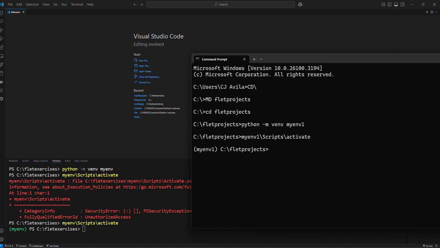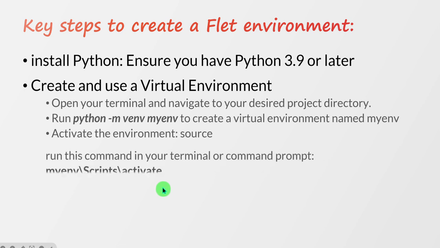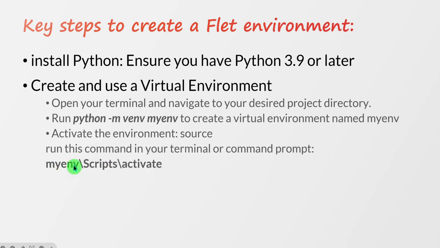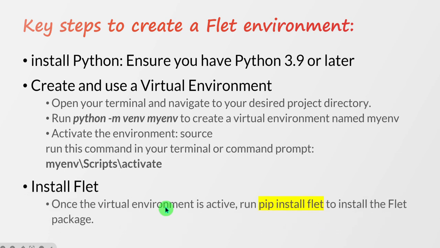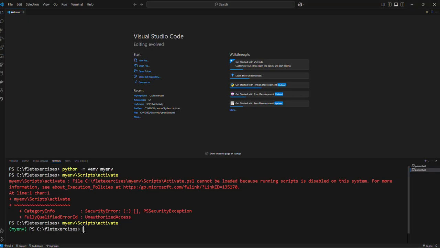Now we're able to create our environment, and we're done activating it. The next step is to install Flet. To install Flet, you simply type here: pip install flet.